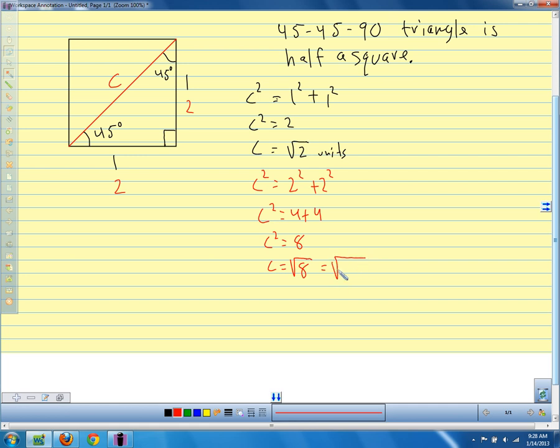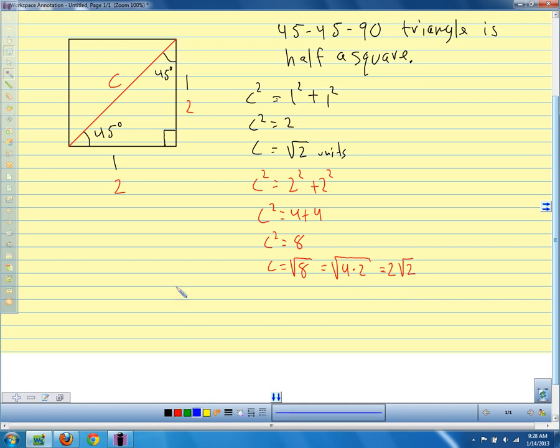So what are two numbers that multiply to 8, where one of them we know the square root of? 4 times 2. Well, what's the square root of 4? 2. So that 2 comes outside the square root, and the square root of 2 stays inside. So the square root of 4 is 2, that comes outside, and I get 2 square root 2.